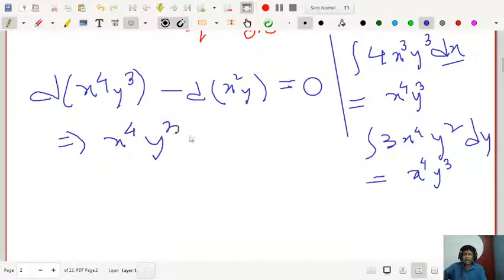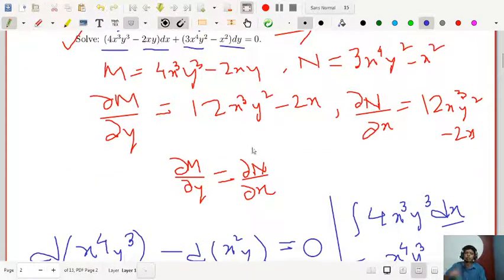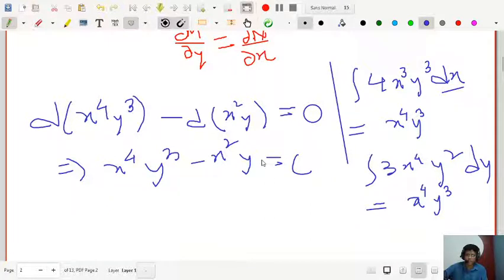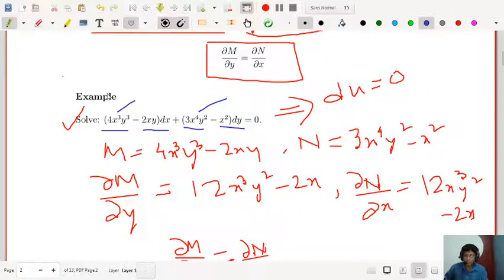So that is the advantage of writing the exact differential, because you are getting the solution of the differential equation in 2 or 3 steps. It is very helpful, but you have to be careful that you are taking the proper pairing, and the proper connectivity of dx and dy.